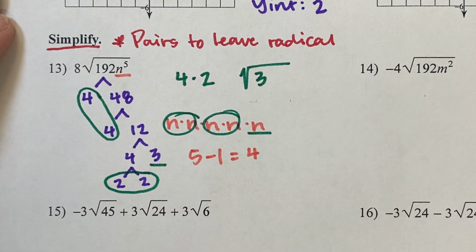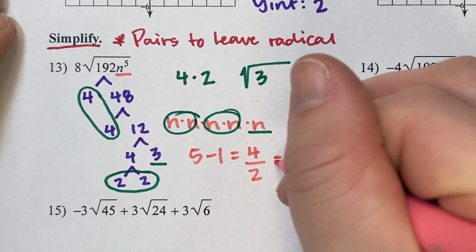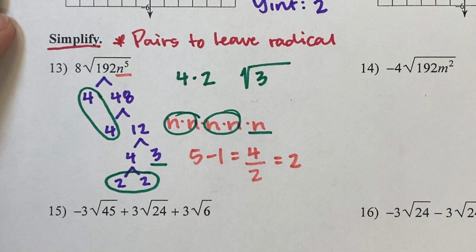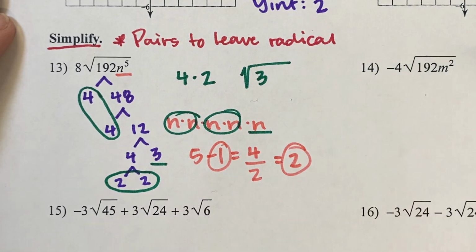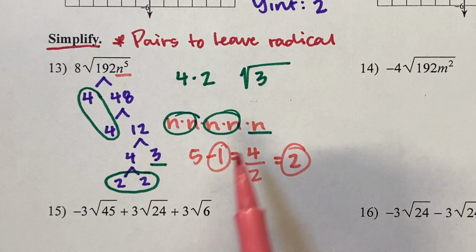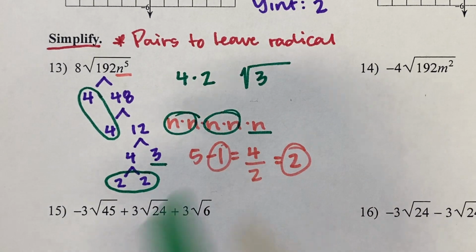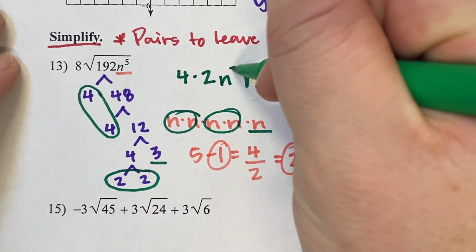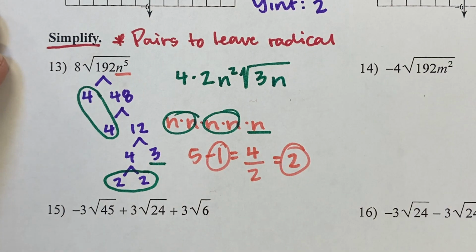That's going to give me 4. Well, how many pairs can I get out of 4? 2. Again, I got 2 couples of n's that got to leave and the 1 that had to stay inside. So that's a little trick that you can use. But you're more than welcome to draw them out. So I see that 2 couples of n's got to leave, so n squared out front, and then 1 n inside.